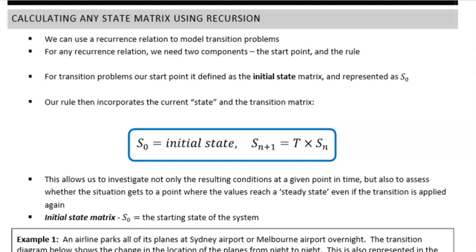Every time we move once through that transition diagram, everyone moves once. That shows us the number at each location after one transition, and that would be S1. If it was S3, that would be after 3 transitions, or 3 sets of movement through that transition diagram.